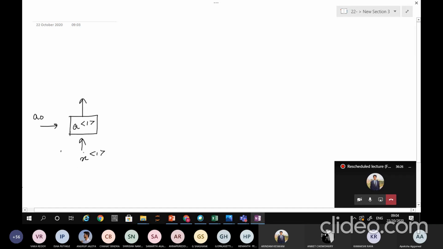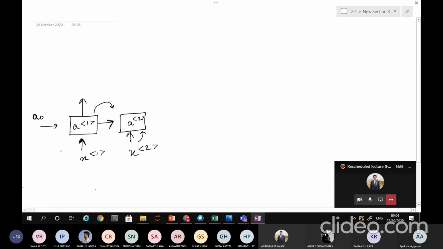To calculate the first activation A1, we require the input X as well as the activation A0, that is the previous activation. In a sequence, we also take the value of the current word, that is X2, and we require the input from the previous neuron, that is A1. So to calculate the activation A2, we require two inputs: one from here and one from here.